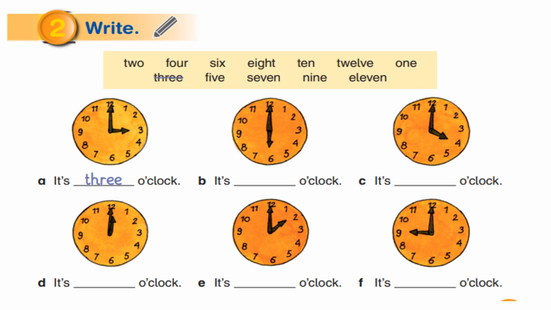Let's move now to exercise number 2, write. In this exercise, we want to write the time, okay? Before that, let's read the numbers inside the box. 2, 4, 6, 8, 10, 12, 1, 3, 5, 7, 9, and 11.